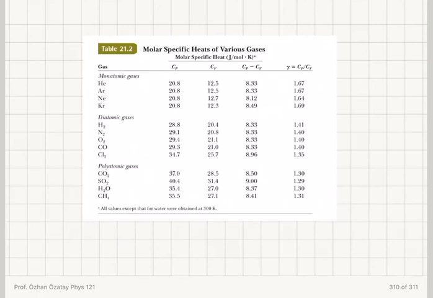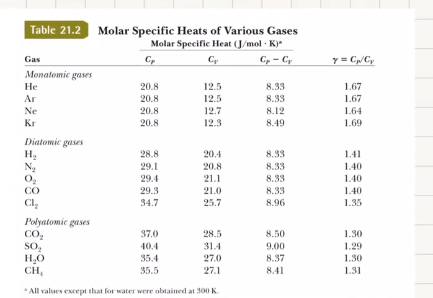Now let's take a look at the typical values for Cp and Cv. For monatomic gases, you can see helium, argon, neon, krypton. It's very close to 12.5. So you can also see what I mean by monatomic gases here. These are helium, argon, neon, krypton. And diatomic gases, hydrogen, nitrogen, oxygen, carbon monoxide, chlorine, etc. Cp and Cv values are different.